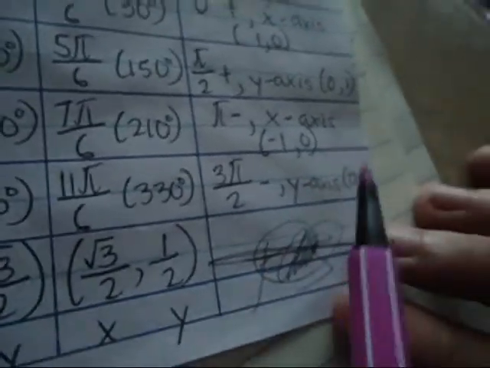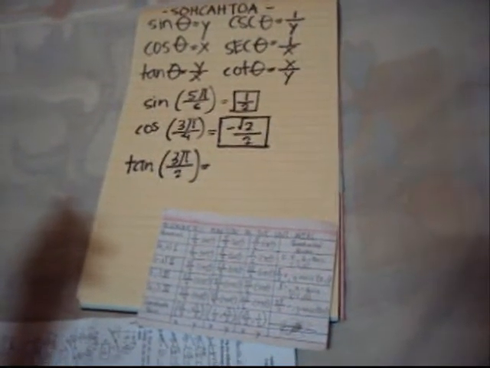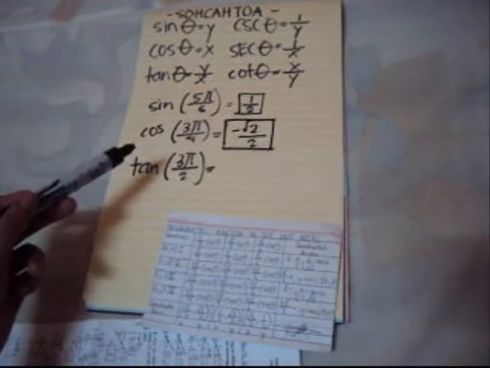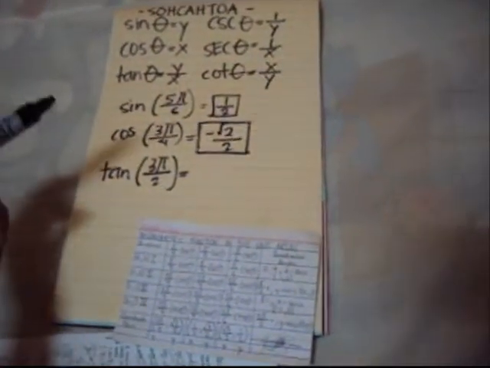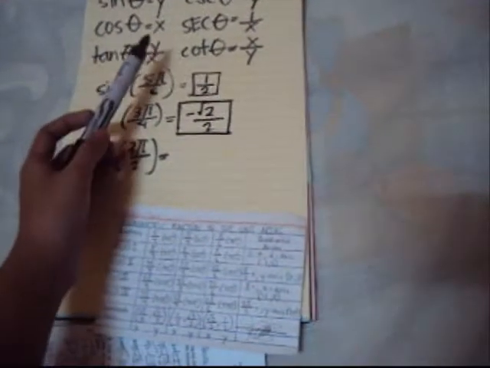On our index card, 3 pi over 2 is found on the fourth quadrant. The y is negative 1.